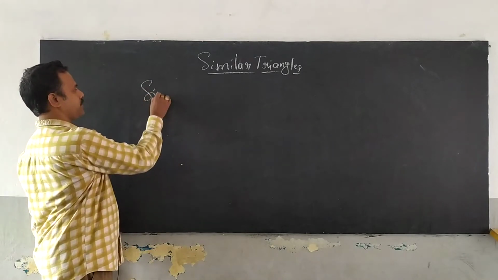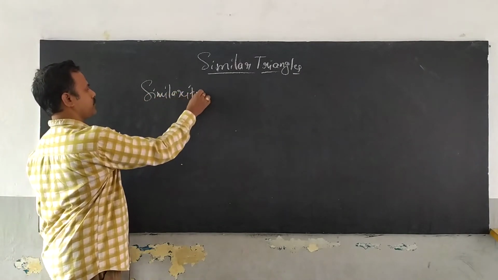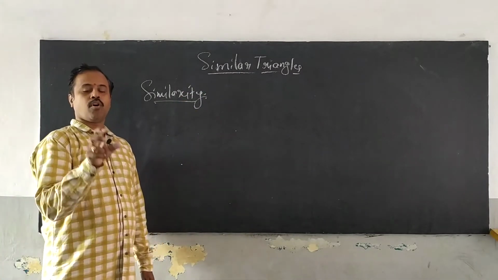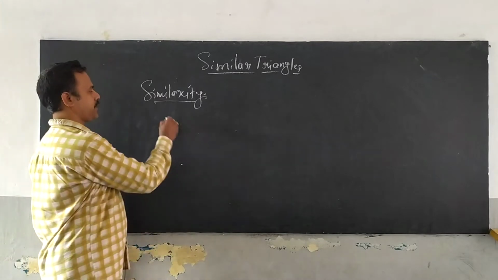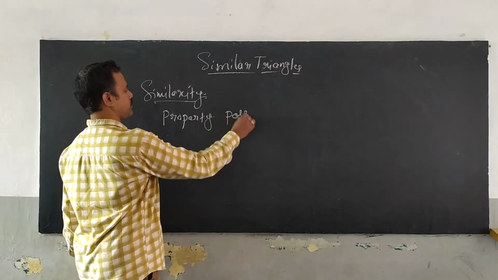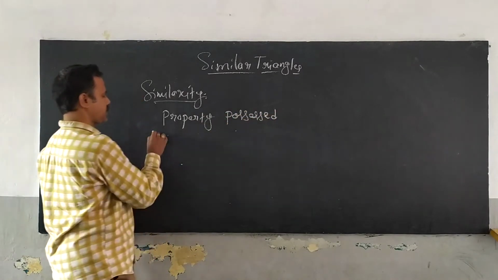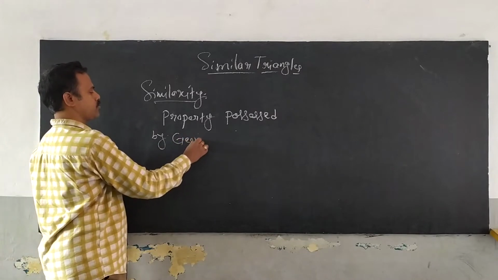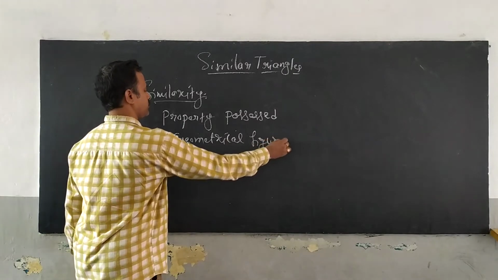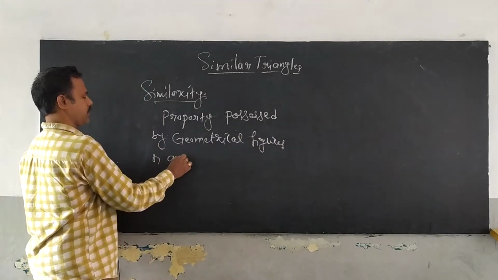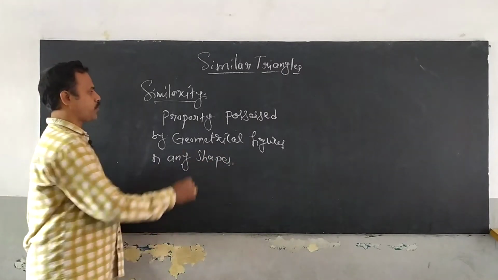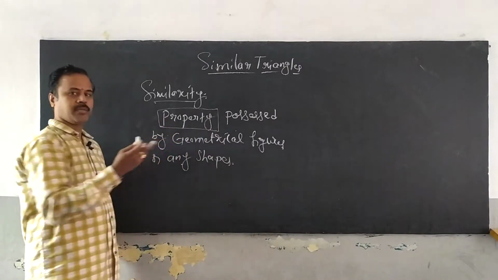Similarity is the property possessed by geometrical figures or any shapes. I said property possessed, but what is meant by the property?